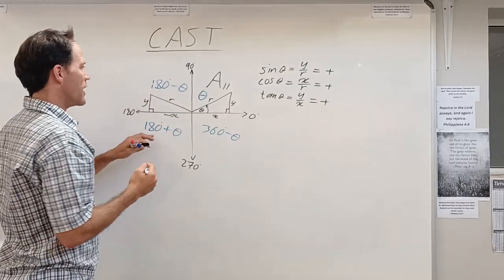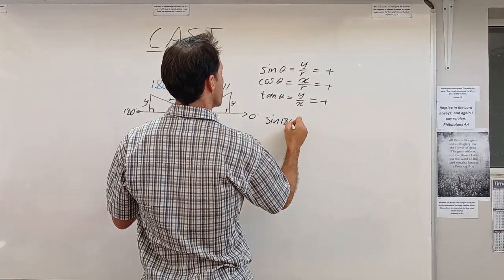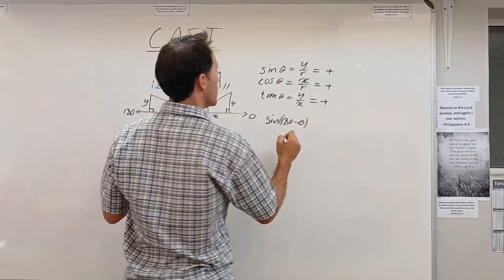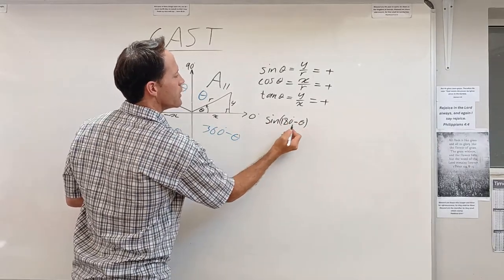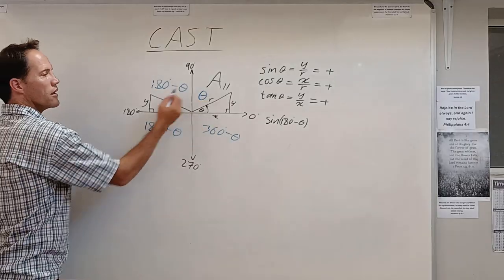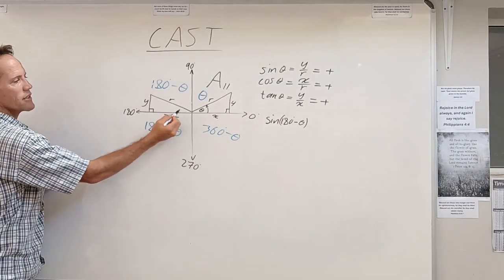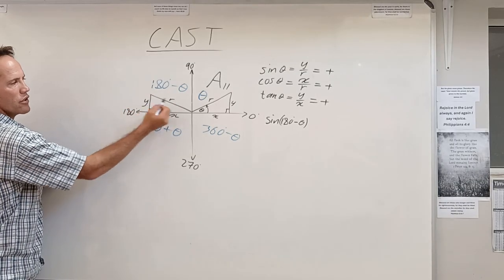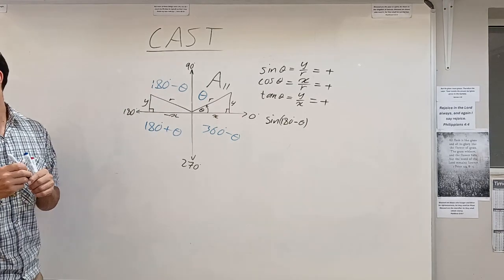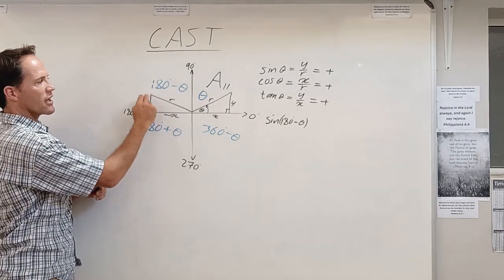So what happens now? Now we can say, sine 180 minus theta. Let's talk about that one. So it's going to be in this triangle now. Second quadrant. Opposite over hypotenuse, y over r. Because I'm looking at the second quadrant now, 180 minus theta is the second quadrant, the triangle.